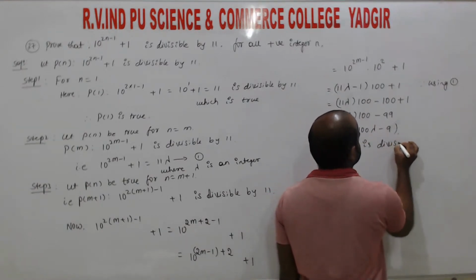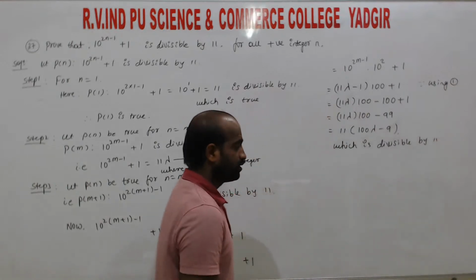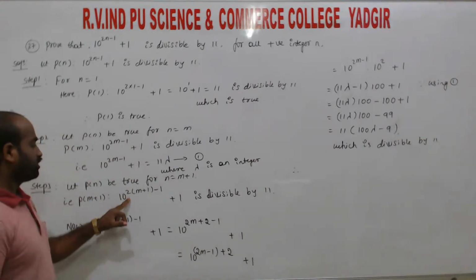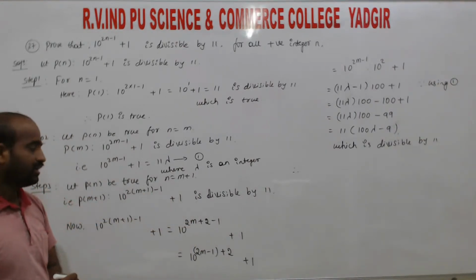Therefore, 10 to the power 2 into m plus 1 minus 1, plus 1, is divisible by 11.